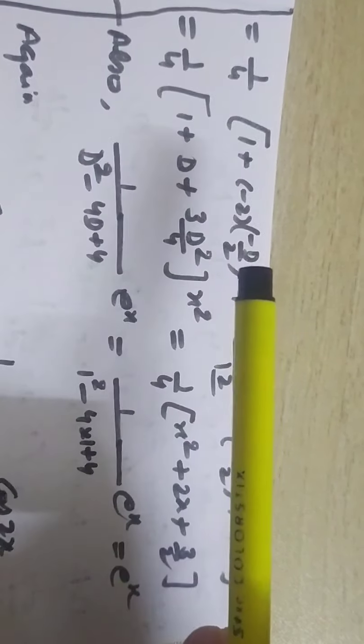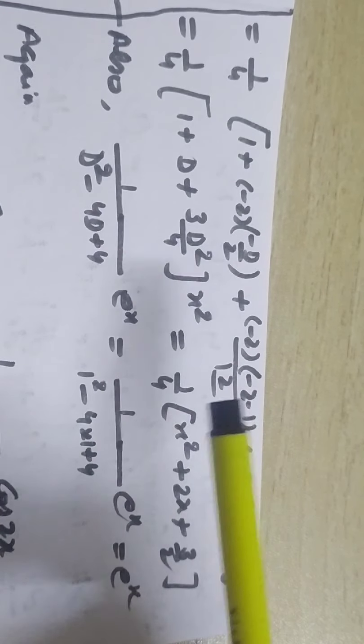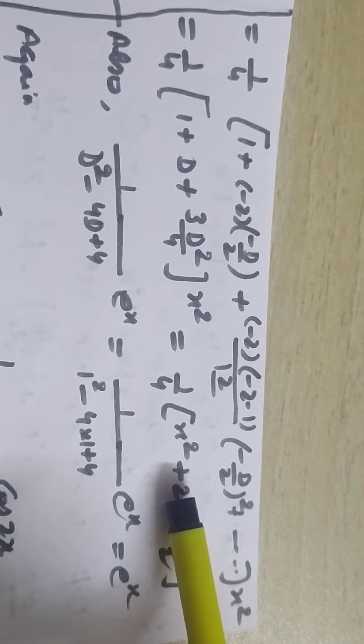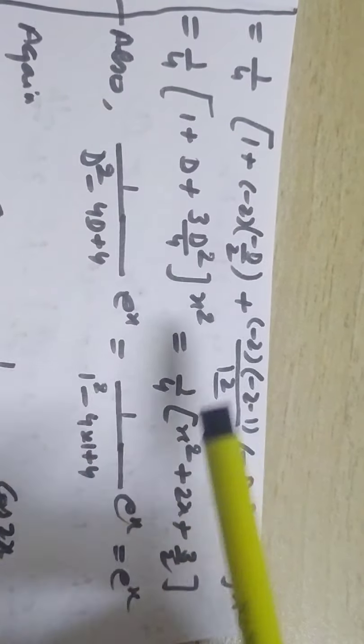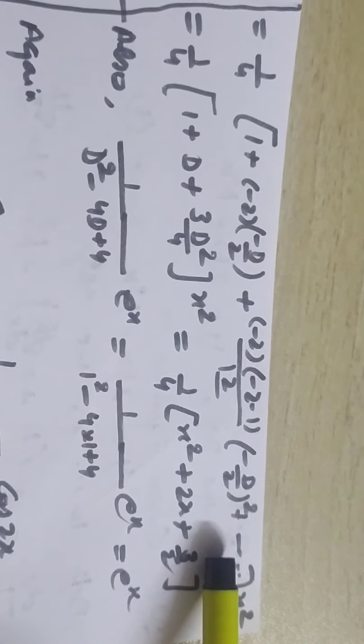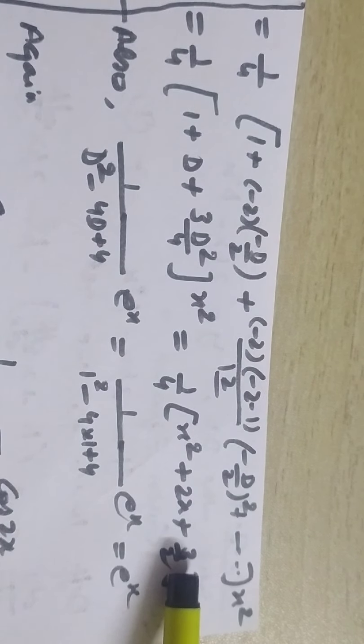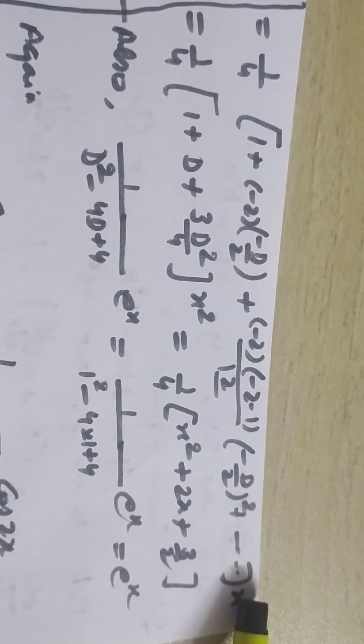When you apply these terms to x square, you will get x square and 2x. Dx square means derivative of x square, and d square x square means derivative of x square 2 times. So this is the first answer for the particular integral for x square.